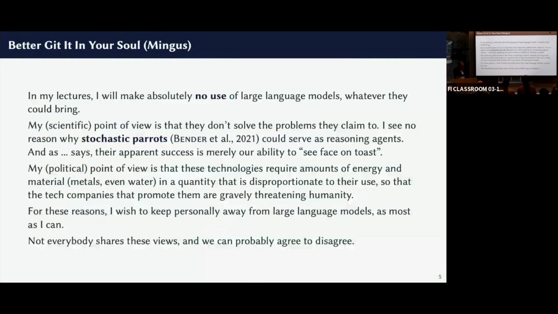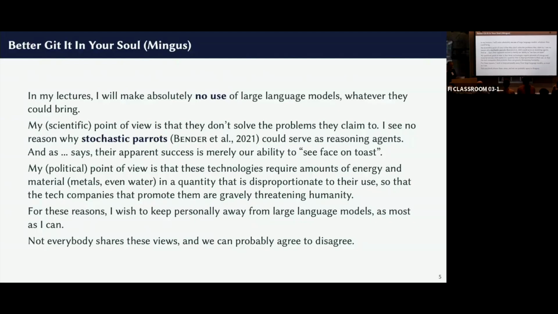So it's a point where my colleagues and I dissent. I will make absolutely no use of large language models, whatever they could bring. My scientific point of view is that they don't solve the problems they claim to. And for a reason, because as explained in the paper by Emily Bender and her co-authors, they are stochastic parrots.